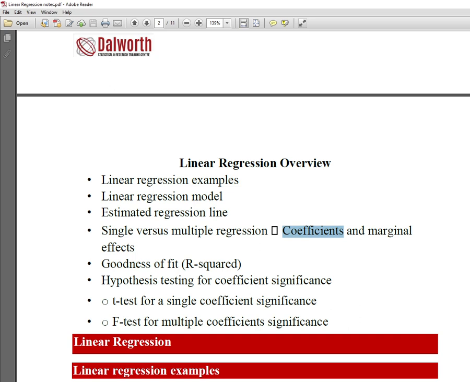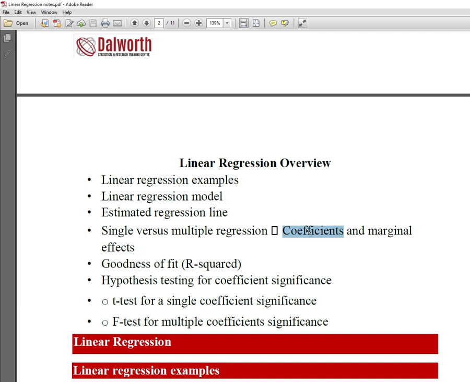At the end of this class, you should be comfortable with understanding the coefficient of determination, sometimes referred to as R squared. You also need to know what the F-test and T-test are. Until you have interpreted all these three tests, you cannot go and talk about the coefficient.